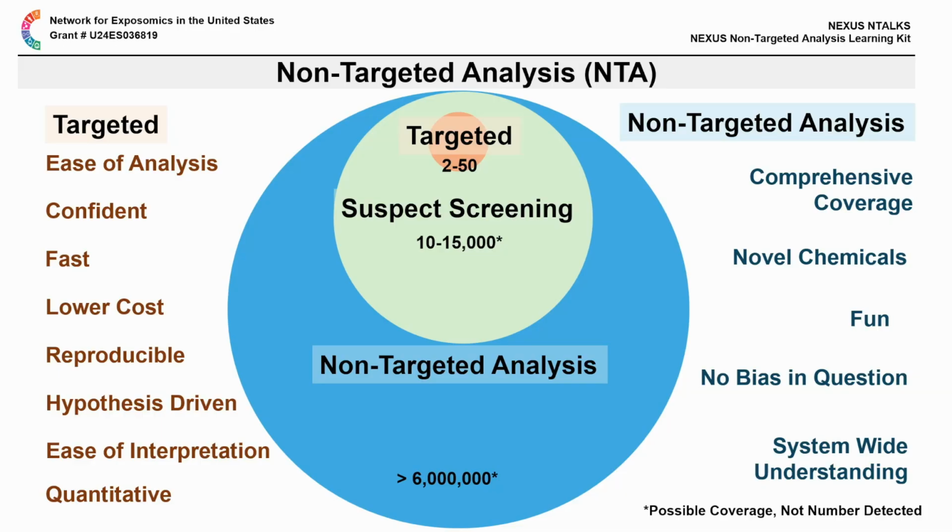You can also discover novel chemicals, and this is where non-targeted analysis comes in, using fragmentation patterns and other pieces of evidence we'll discuss in further tutorials, that piecing all these together, you can discover unknown PFAS. Non-targeted analysis is fun, so it's extremely exciting to be able to discover all of these new molecules.